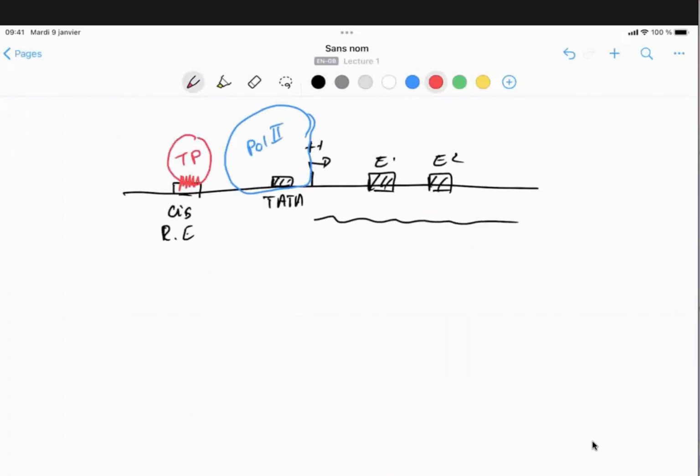And after this interaction, this protein is able to activate directly the RNA polymerase II, so transcription starts. Okay? You know that? Yes or no? Yes. Okay. Yes. But what I'm going to talk to you, it's a different situation.